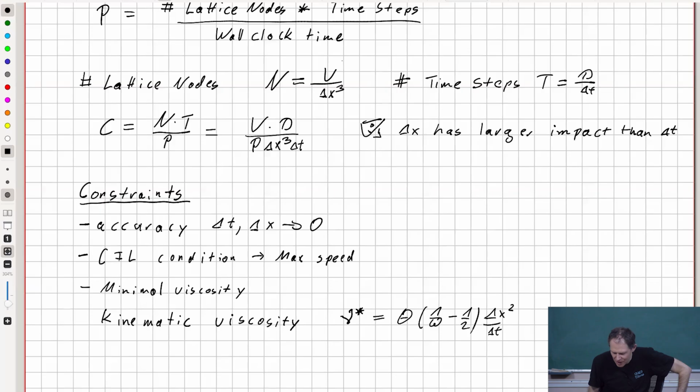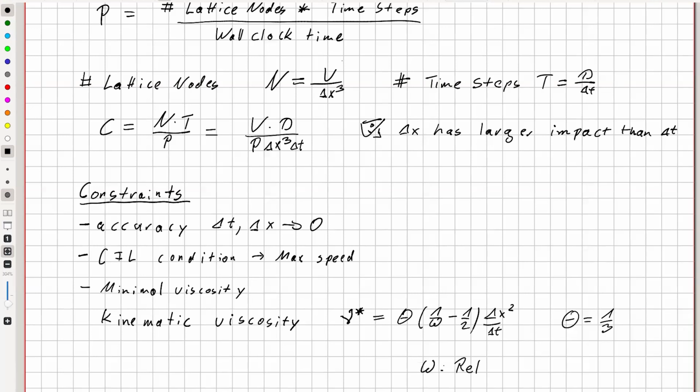So this is the unit of a diffusion coefficient, and this theta is 1/3, with omega being the relaxation rate. So this is our viscosity.